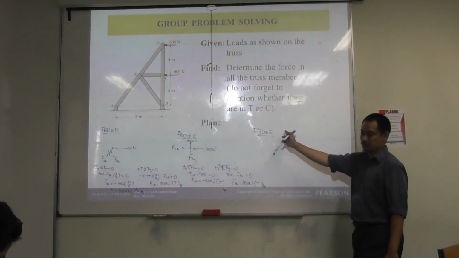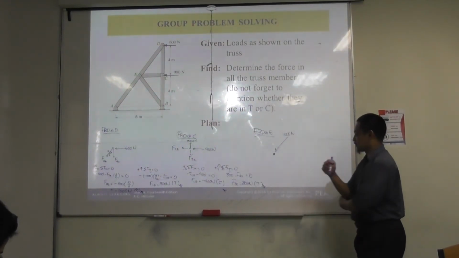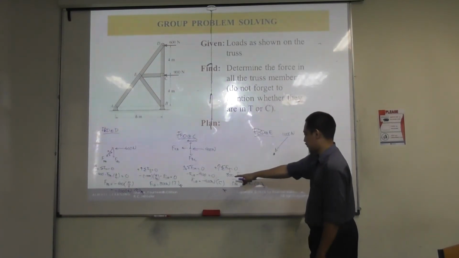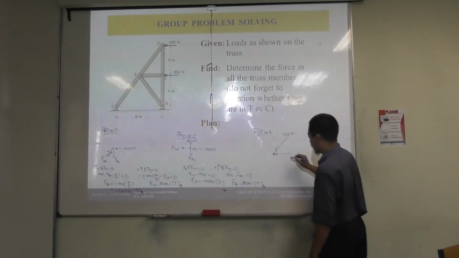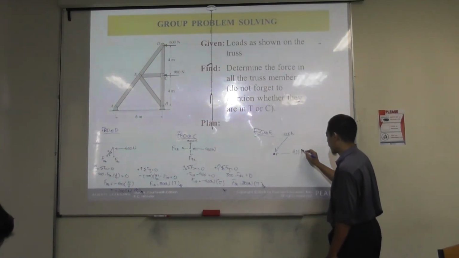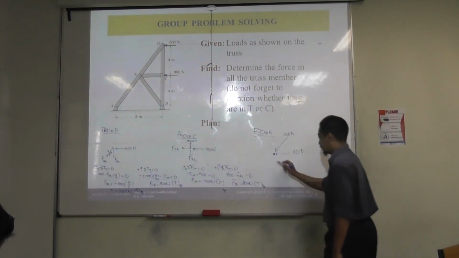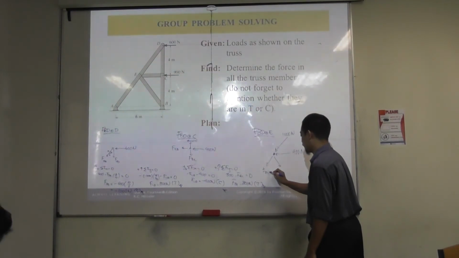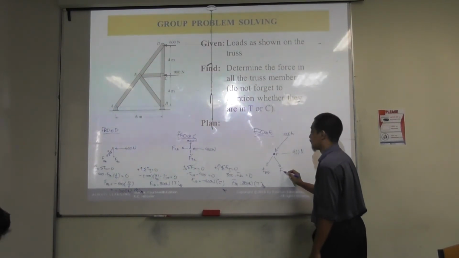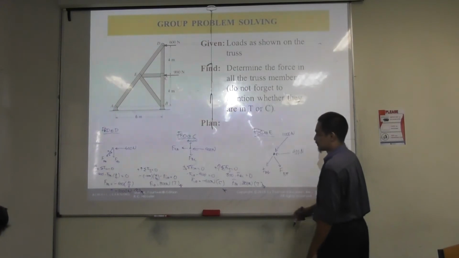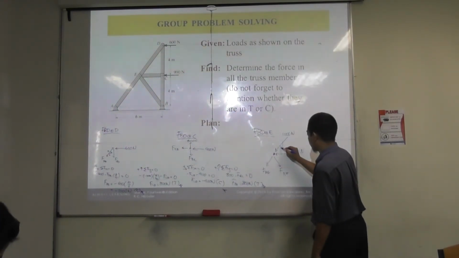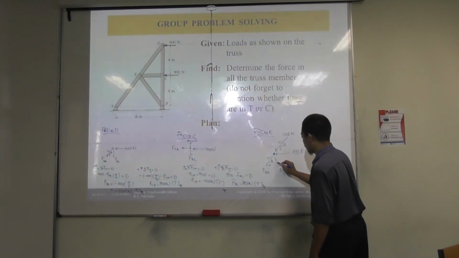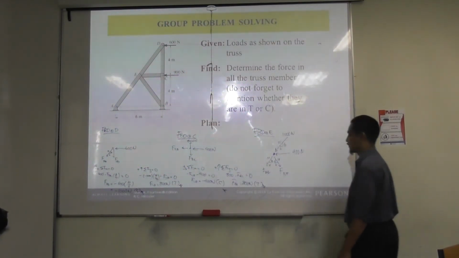Do not put negative; if you go negative, then it's counter. So it's not right. FCE, mana FCE? FCE is compression also, so going in also, 900. So you assume tension for these two, so this is FAE, FBE. The angle is the same, right? So it's basically 6, 8, 10.